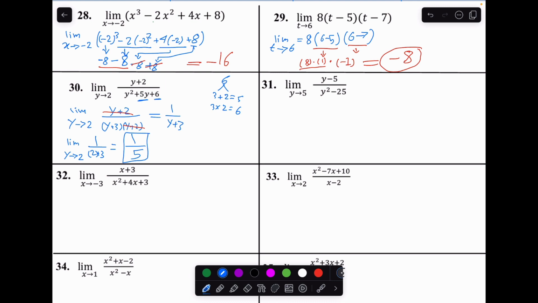Question 31, we need to simplify. We have limit when y is approaching 5, y minus 5 over y squared minus 25. y squared minus 25 is equal to y minus 5 multiplied by y plus 5.